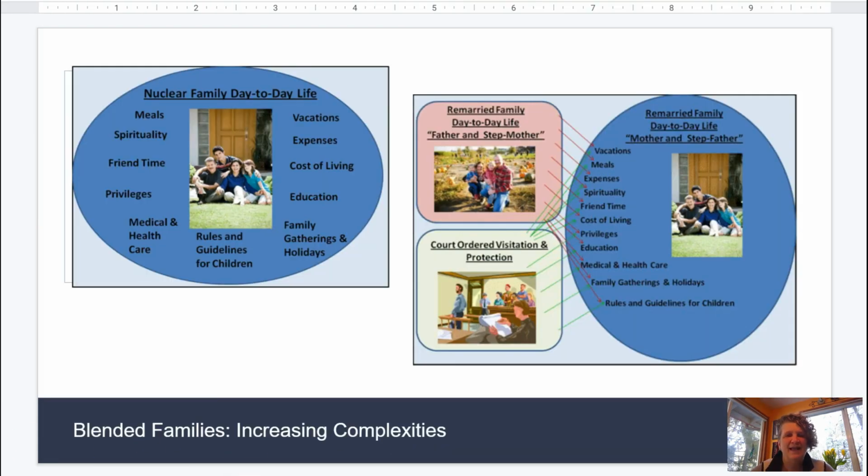And last slide, back to thinking about children here and remarriage. One of the interesting pieces of data is that remarriage does not necessarily improve outcomes for children of divorce. So in other words, there's a tendency to think that if a single parent were to remarry, it improves life for the child.